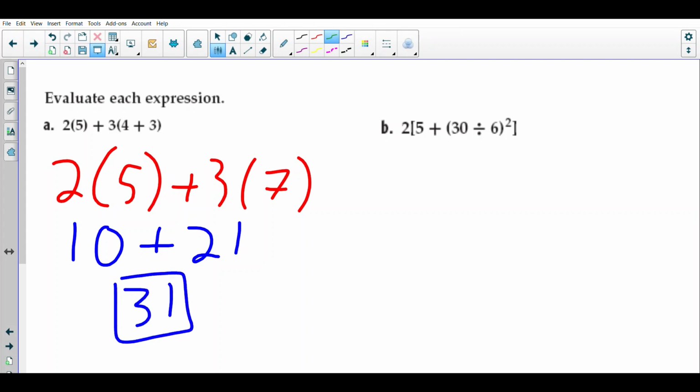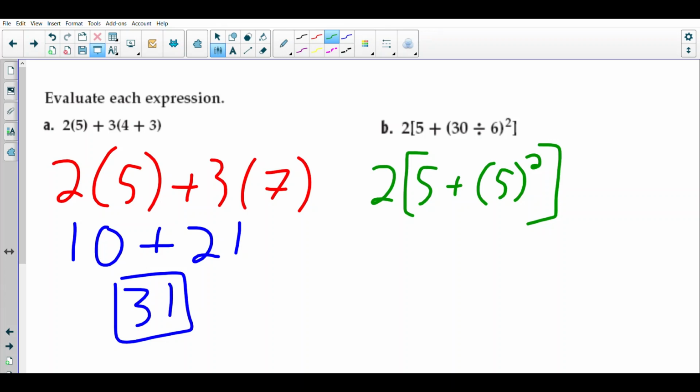Next one, we have multiple parentheses. With multiple parentheses, we want to work toward the farthest in and then work our way out. So I'm going to start with 2 times 5 plus, and then I'm going to do the inside of this parenthesis, which would give me 5. That would be quantity squared.